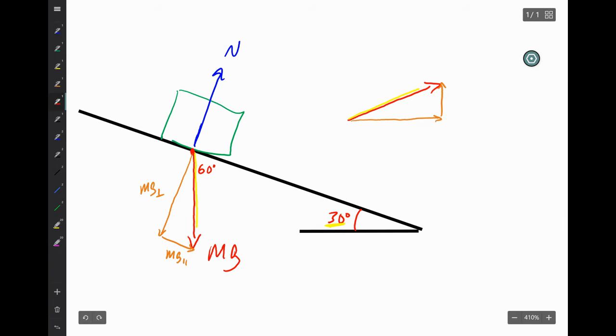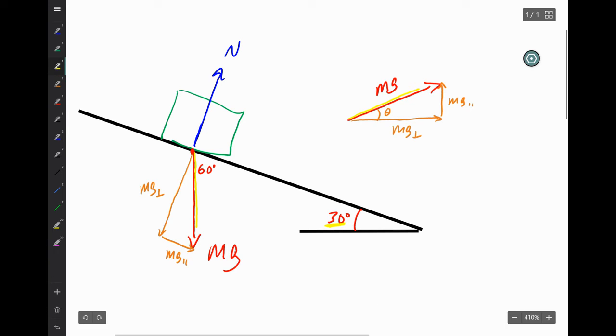So if it helps, we can think of mg clearly as the hypotenuse, and then mg perpendicular is here and mg parallel is here. But one very important question is, what is this angle?